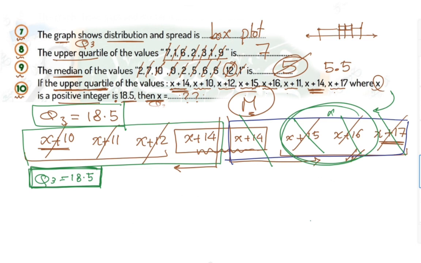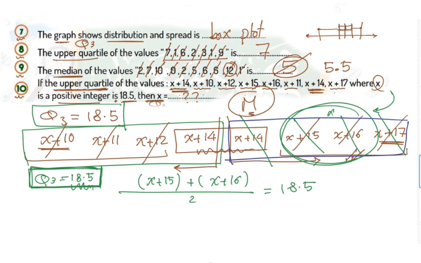So I have x plus 15, I will add it to x plus 16 divided by 2. This gives us Q3, and the Q3 here equals 18.5.